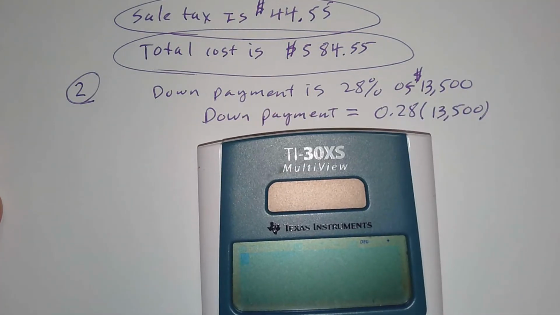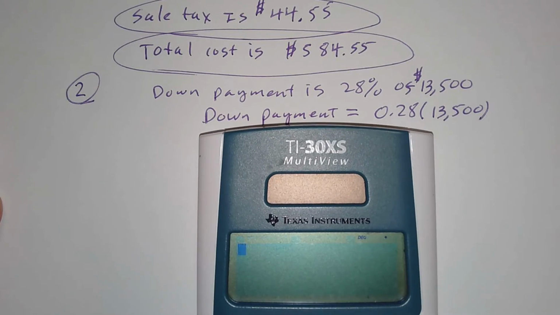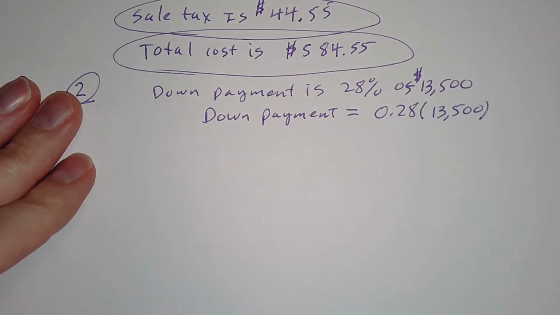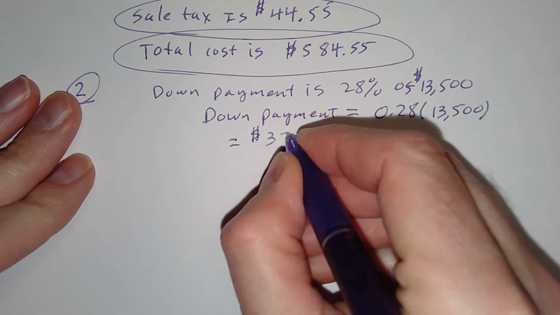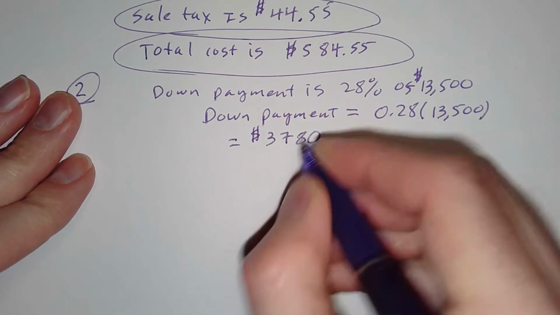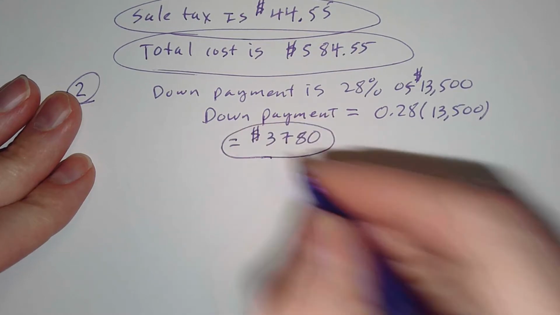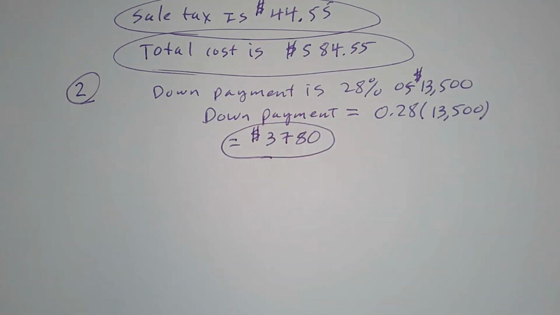So we'll go ahead and do that on our calculator. And that gives us $3,780. Now they could have also asked you here, how much did she finance?